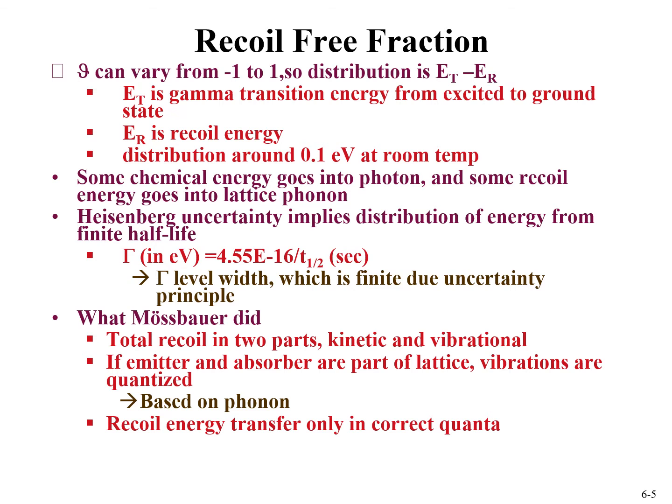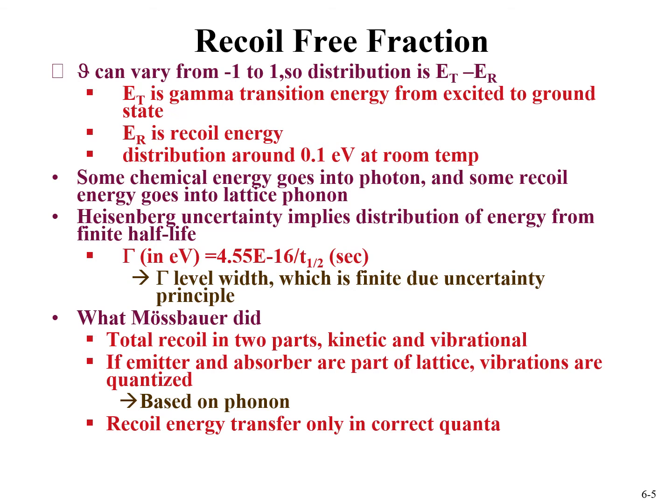Since these gamma states are very short-lived, Heisenberg's uncertainty principle comes into play, and there's something called a gamma level width, which is finite due to the uncertainty principle. What this says is that even though I have a very defined energy of that excited state, I actually have a distribution of energy because of my lifetimes being so short.